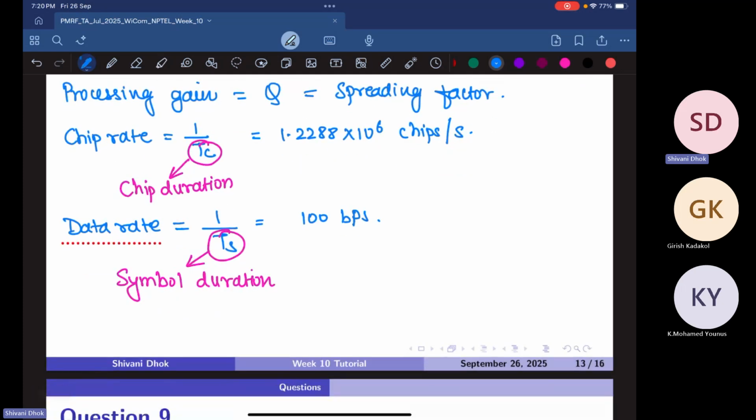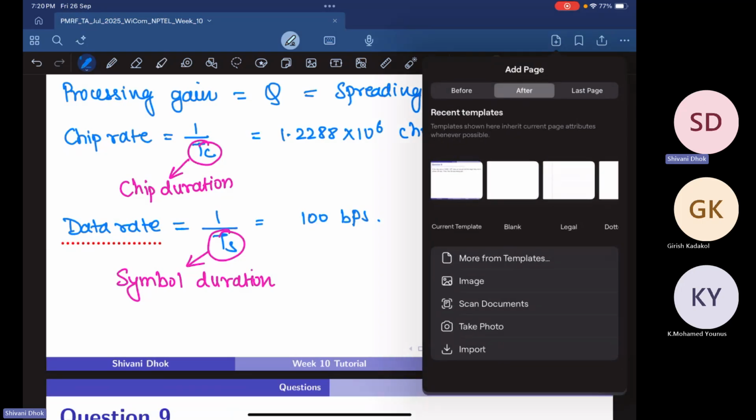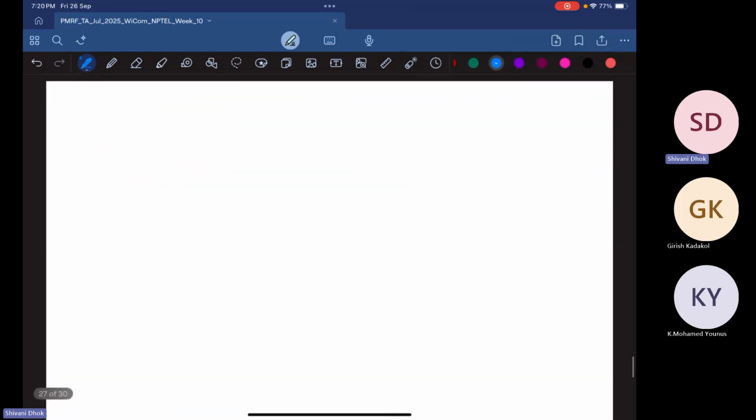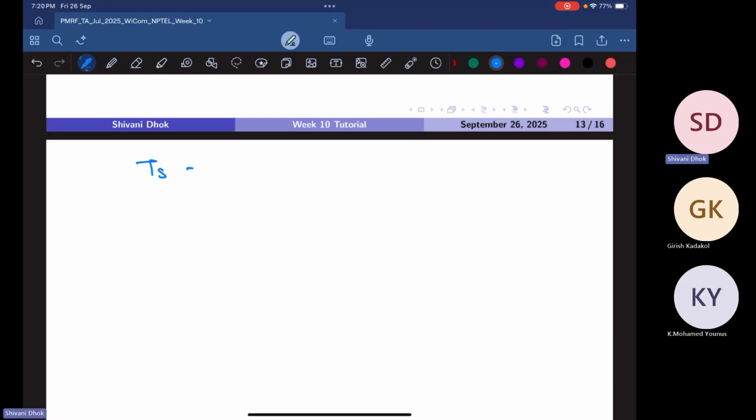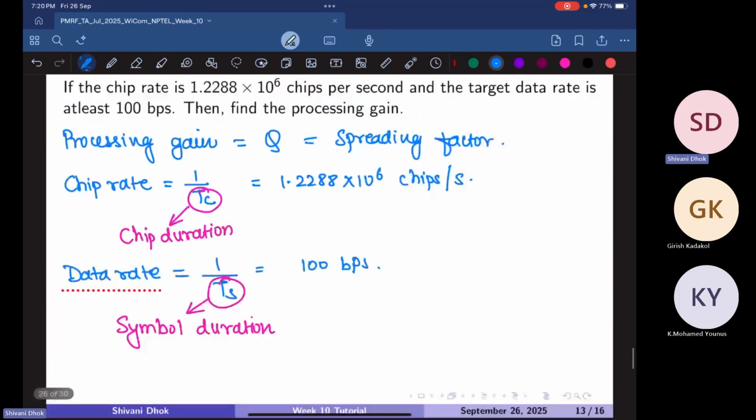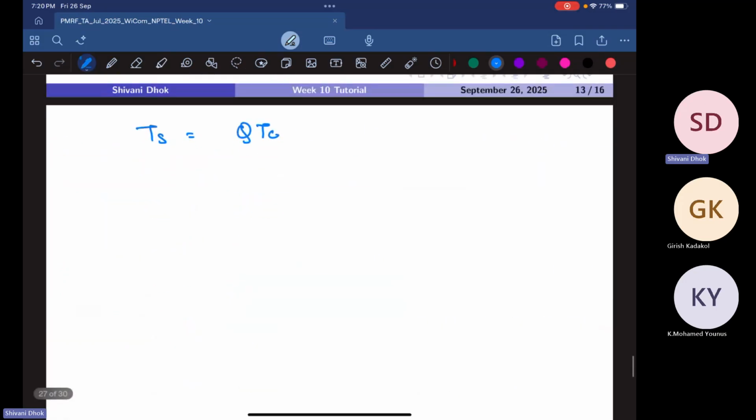Now what we need to do is find the value of our Q. Same story, your symbol duration Ts is given by Q times Tc. Now all the things that I have are in terms of 1 by Tc, 1 by Ts, and so on, so I'll take the reciprocal on both sides. So I'll get 1 by Ts is equal to 1 by Q into Tc.